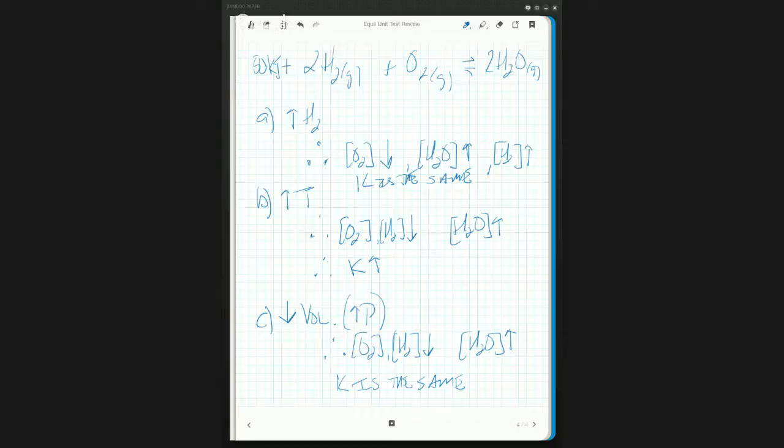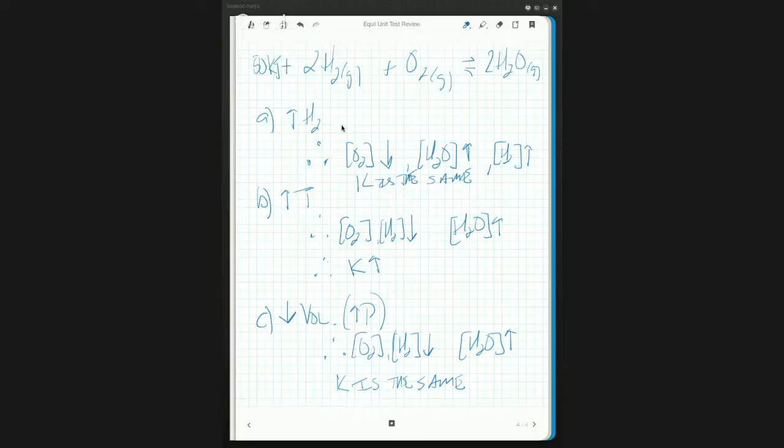Another question that I had was effects on Q and K of a reaction given stresses on the system. Well, I guess really that's what we've been doing. That was kind of like number 12, where you had to find the Q of each of them and compare it to the K, whatever point you reached to get to equilibrium.